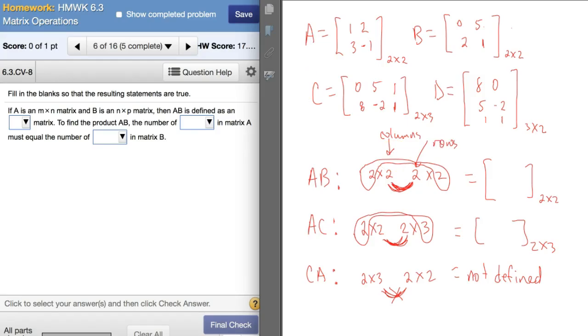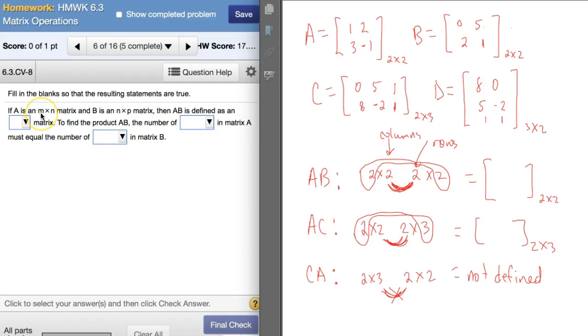So when we go back to this question, it says if A is an M by N matrix and B is an N by P matrix, do you see how the columns for matrix A match the rows for matrix B? Okay.